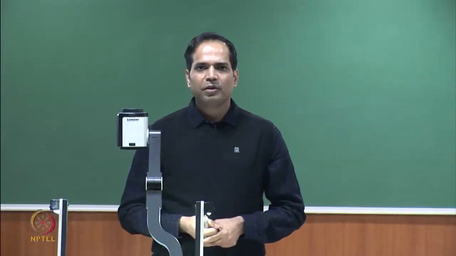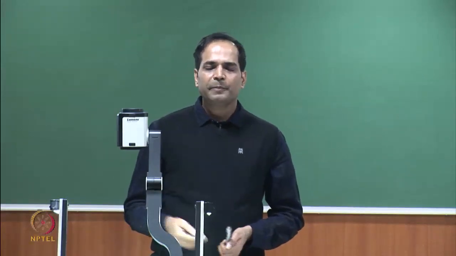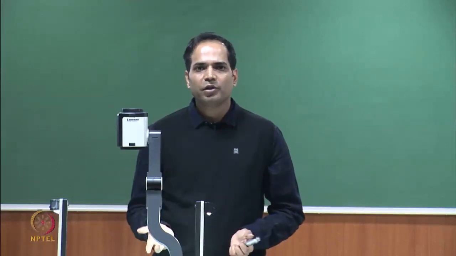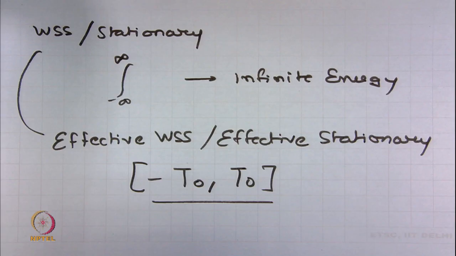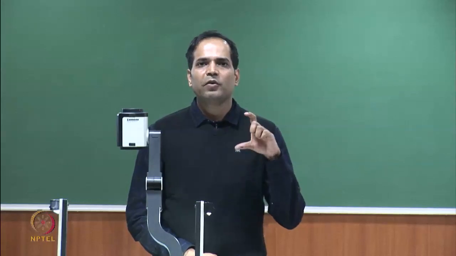And how do we choose this t naught and minus t naught? As long as they are pretty large, it does not matter, right. For example, how this random process behaves in the very far future, or how it behaved in the past before minus t naught, if t naught is pretty large, is not going to impact us today, right. So, these limits do not matter as long as the value of t naught that is chosen is pretty large, and what this helps us with is it makes the process have finite energy.